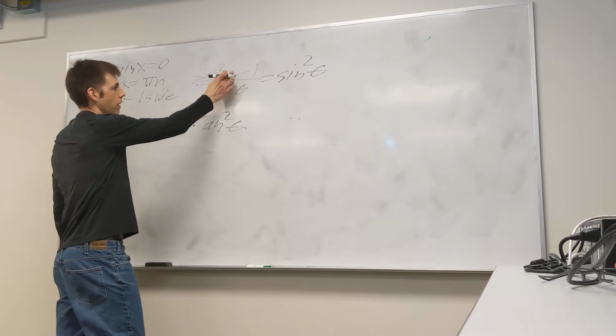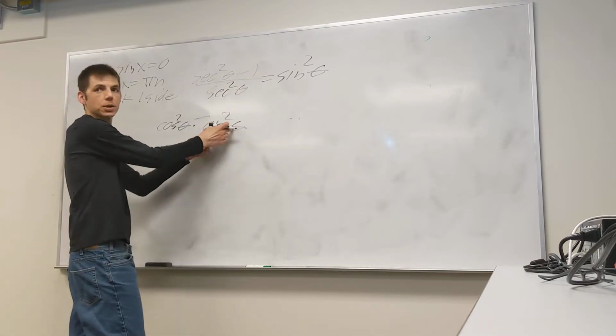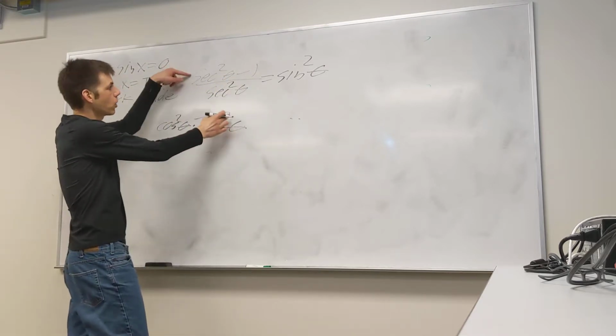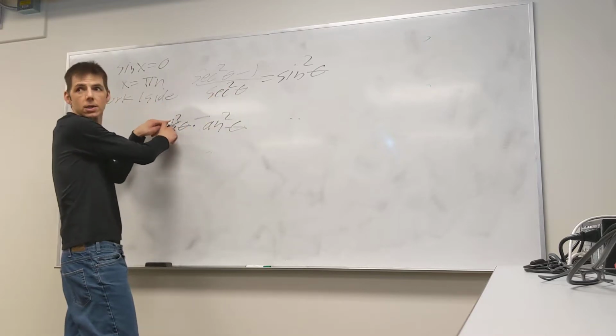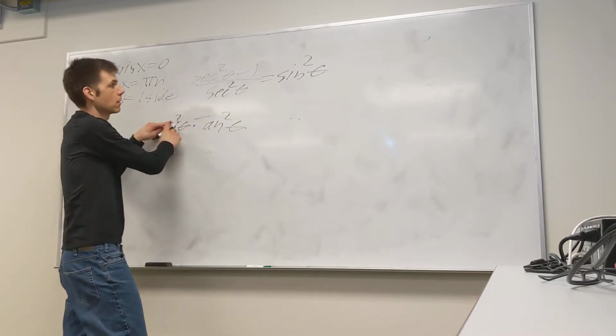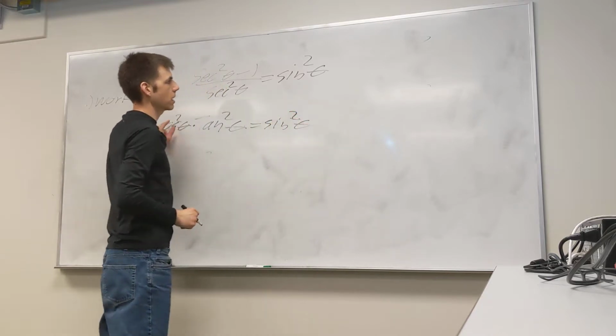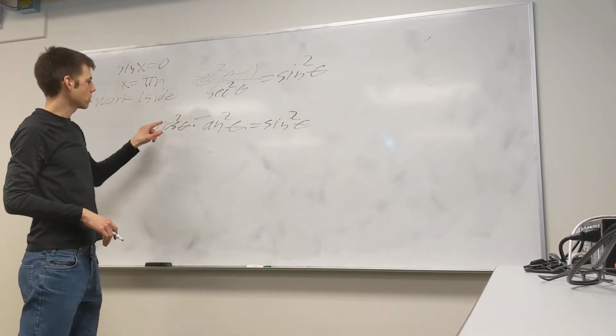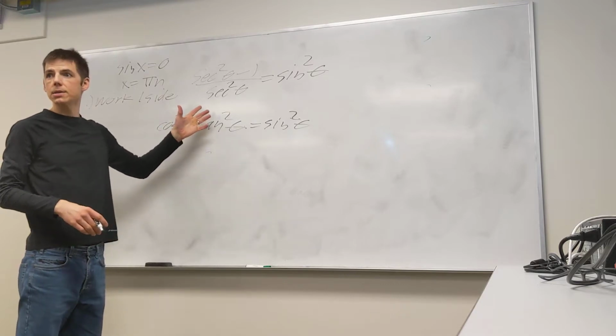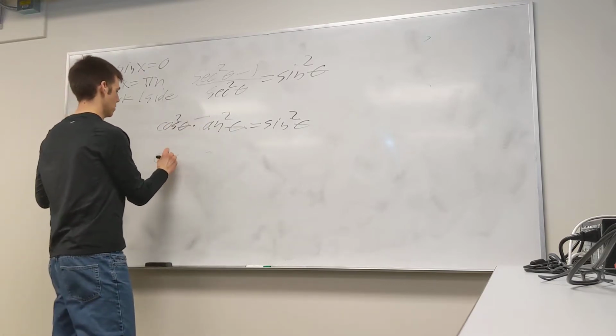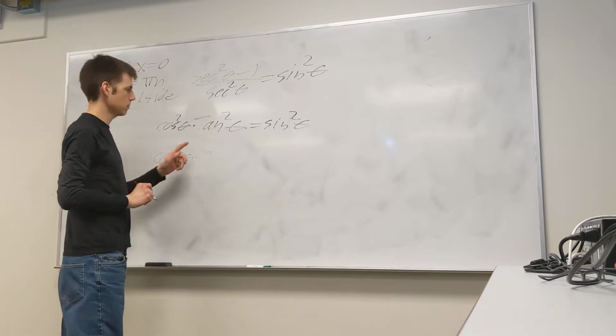So this secant squared minus 1 is actually tangent squared. And then 1 over secant squared theta is actually cosine squared theta, right? And that's sine squared theta on the right side. And so what is tangent squared? Isn't it still tangent squared over secant squared?